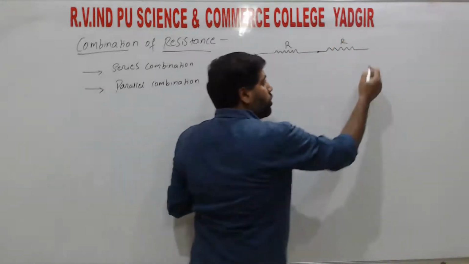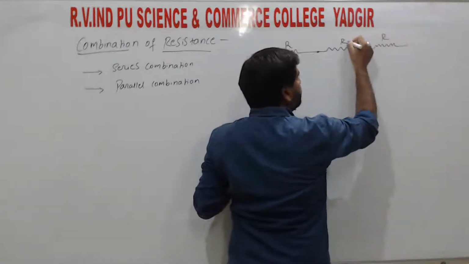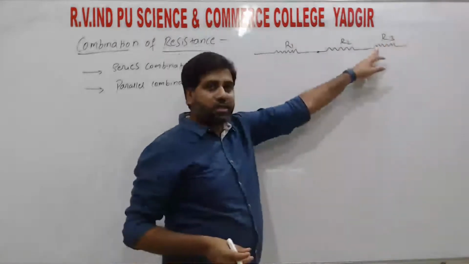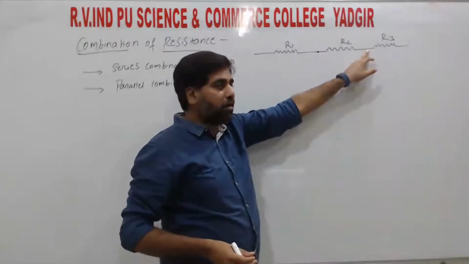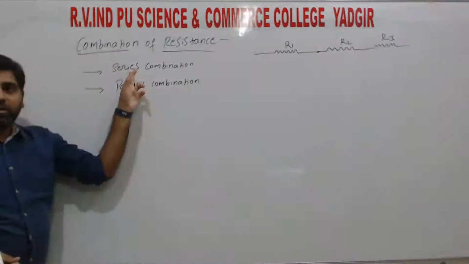If we want to join one more resistance, again one end of the third resistor is connected with the other end of the second resistor. This gives the combination of resistances which are in series.